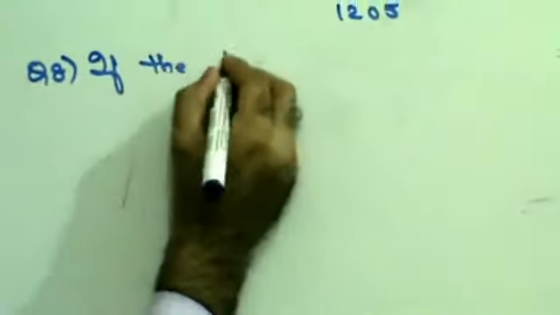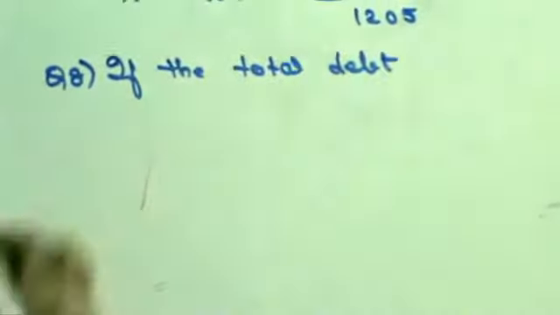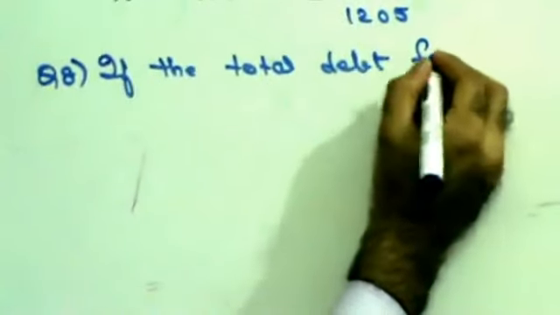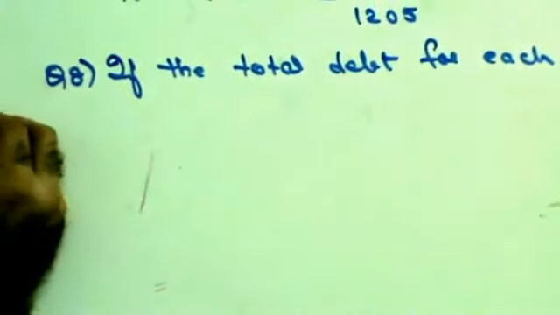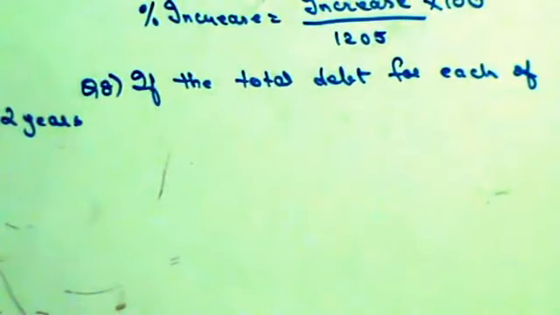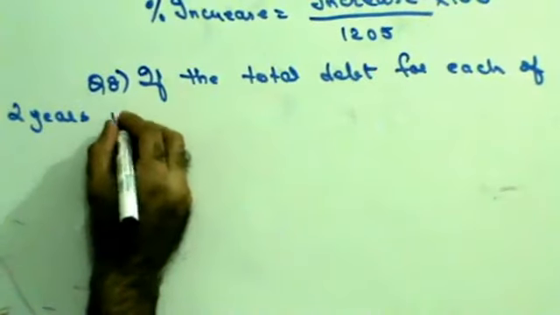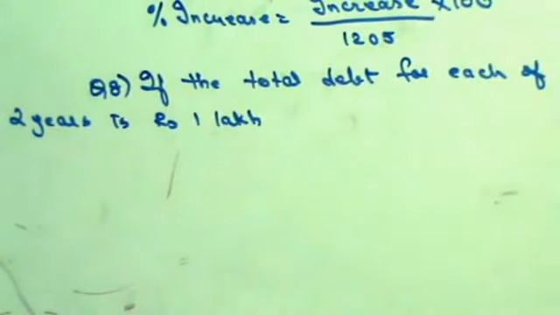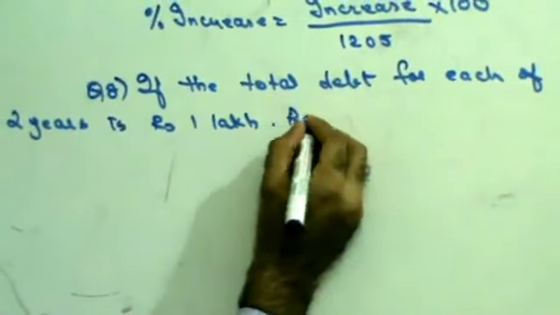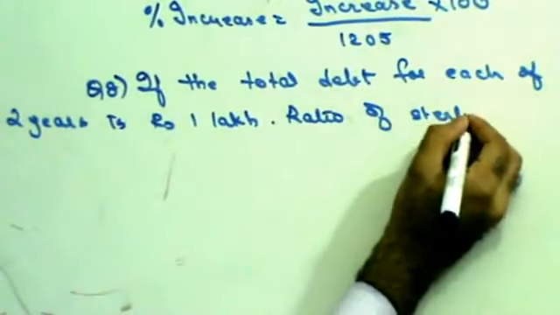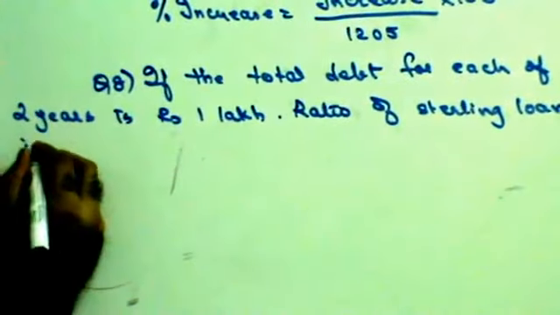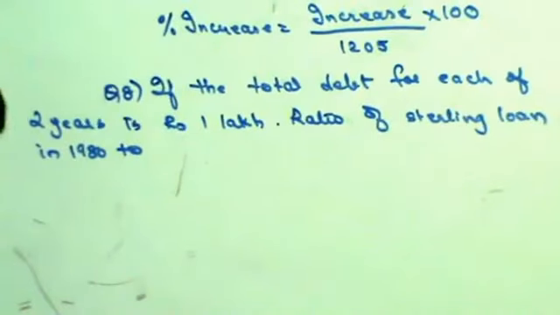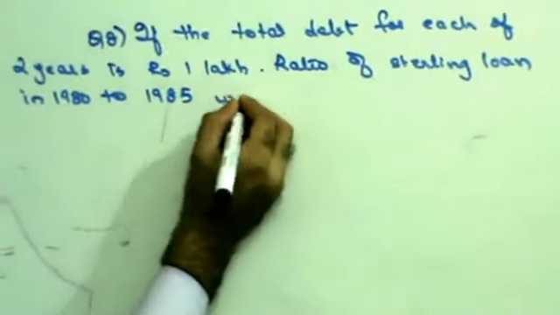If the total debt for each of the 2 years is rupees 1 lakh, the ratio of sterling loans in 1980 to 1985 will be?